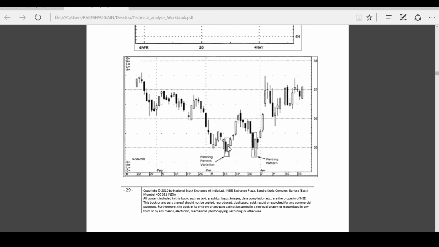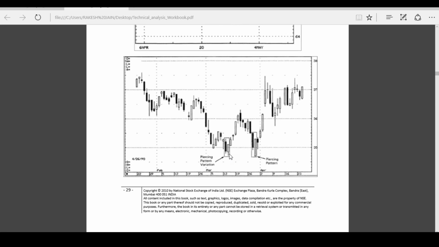If less than half is covered, it's not a pattern. Take a note. These are very, very important minute details, but it will help you in your trading if you know the rules. So more than half of the real body of day one covered on the upper side of a piercing pattern is a powerful tool that we can have a bounce back. This is one of the examples how the bounce back took place.